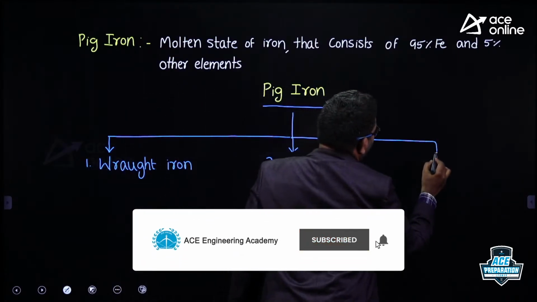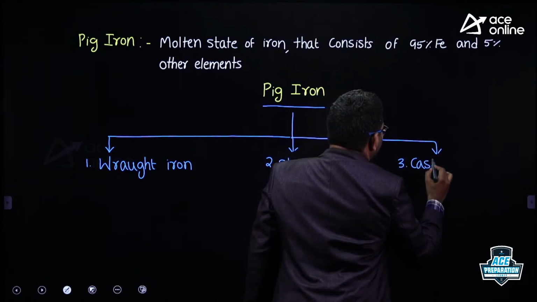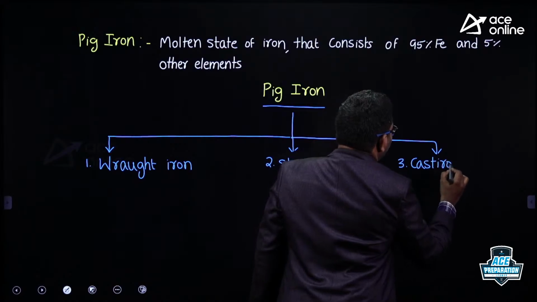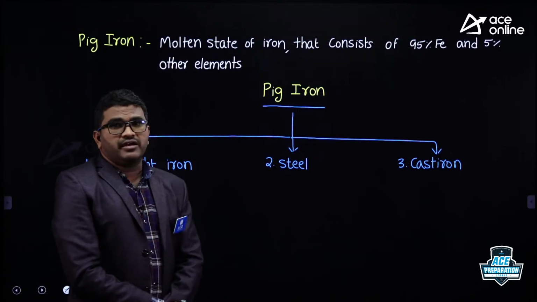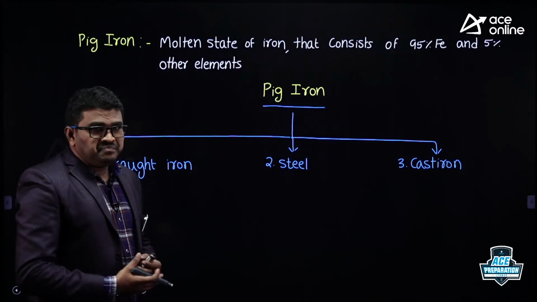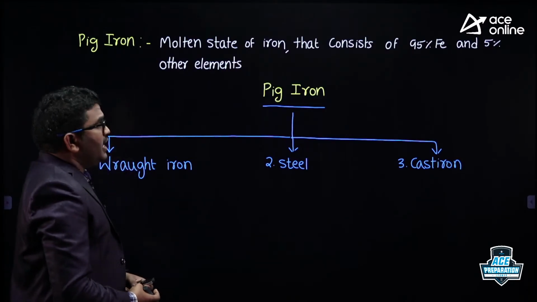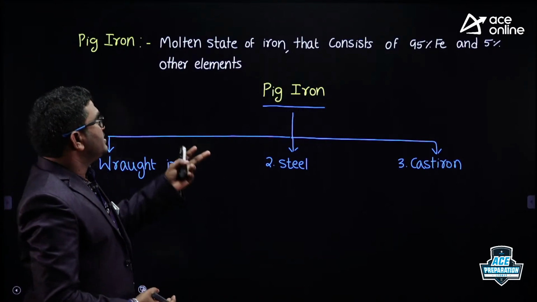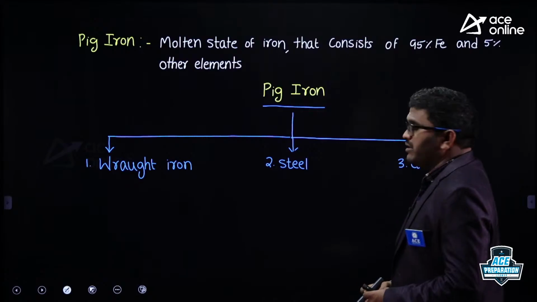And third one is cast iron. Remember, what is the base material to produce steel and cast iron? That is nothing but pig iron, which has some 95% of iron and 5% of other elements.